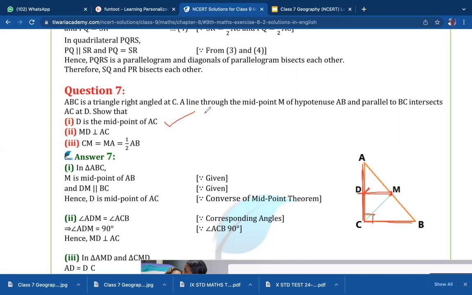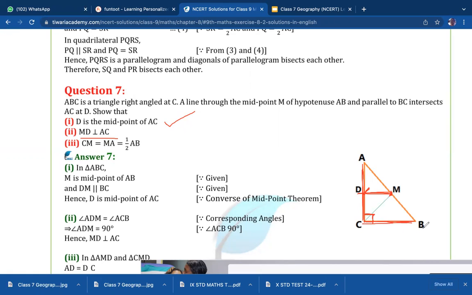Now let me come to the second part. That is, MD is perpendicular to AC. MD, where is MD? MD is here. We know the properties of parallel lines. We know that DM is parallel to BC, correct?